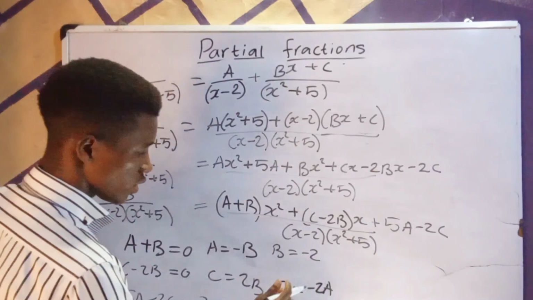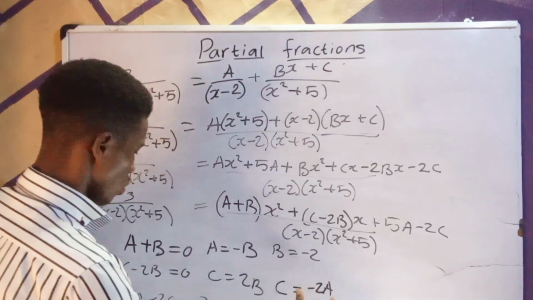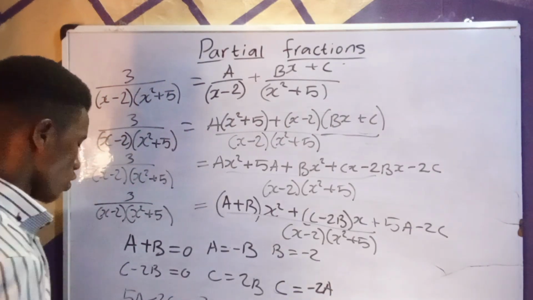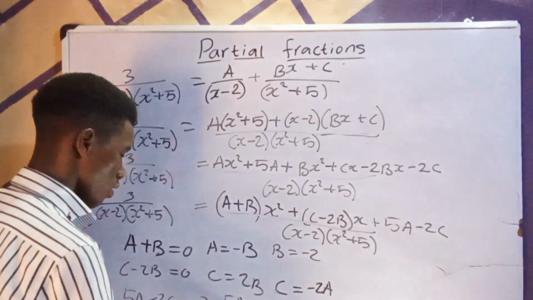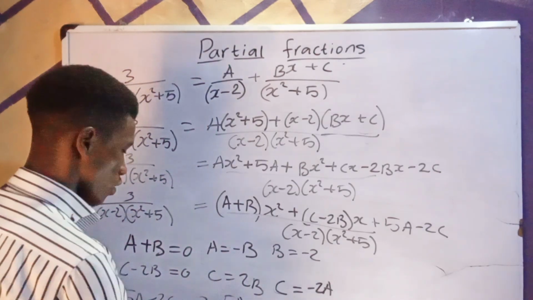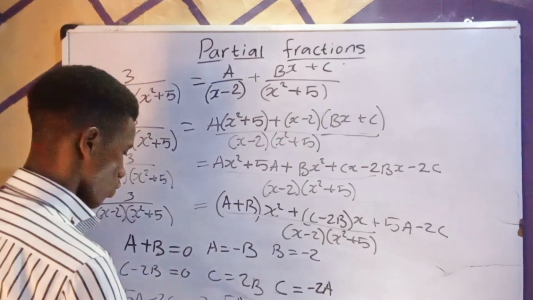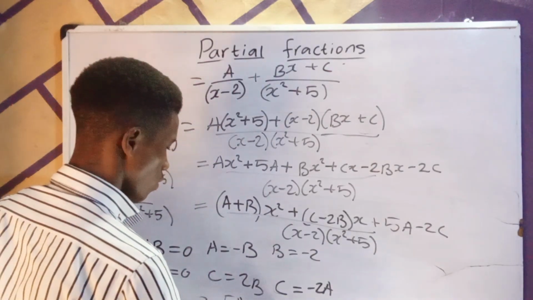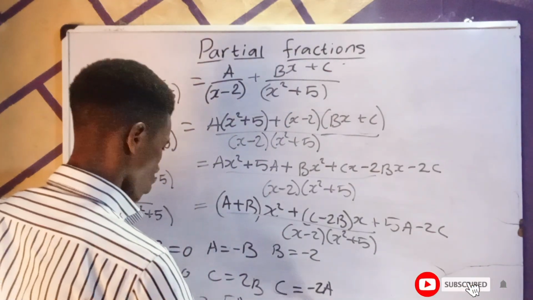So we have that c equals minus 2a. If we take that value of c equals minus 2a and bring it here, I have that 5a minus 2 multiplying minus 2a is equal to 3.